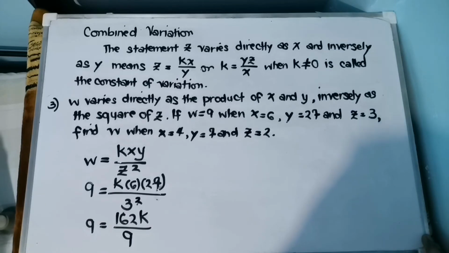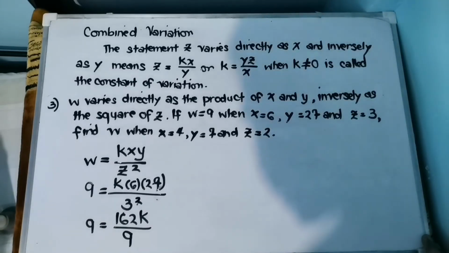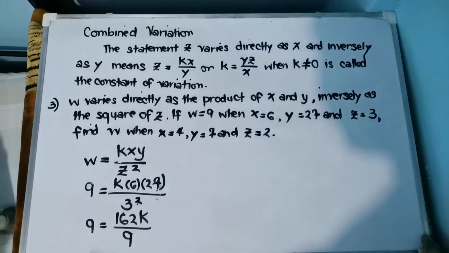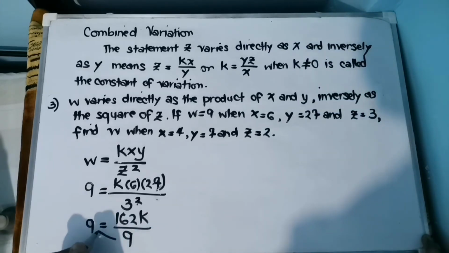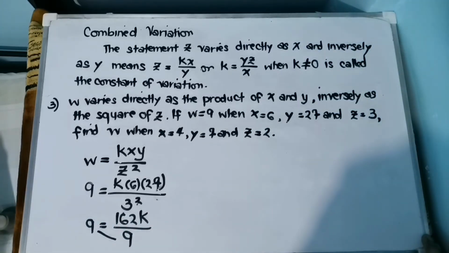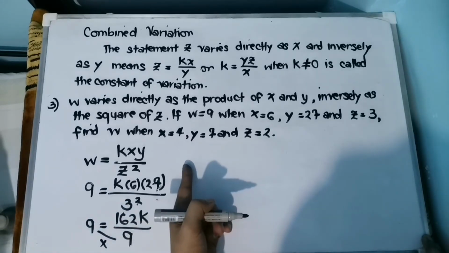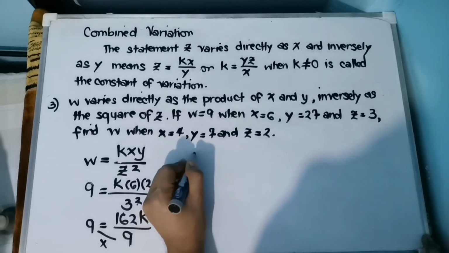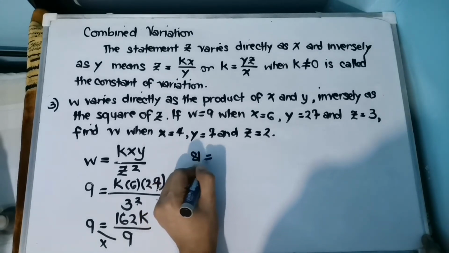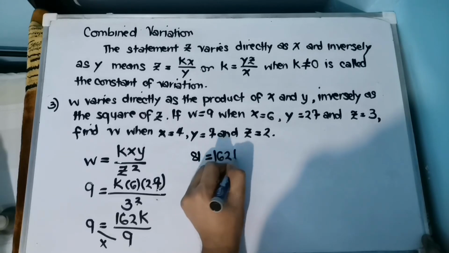And then after that, we have to cross multiply. Okay, so we need to multiply 9 and 9. So 9 times 9, so dito lang natin i-continue yung ating solution. We have here 81 equals 162K.